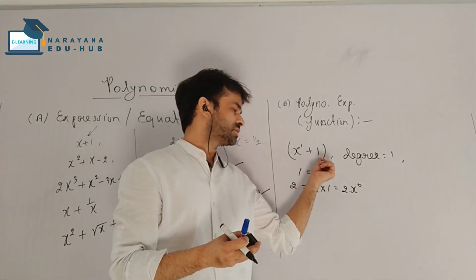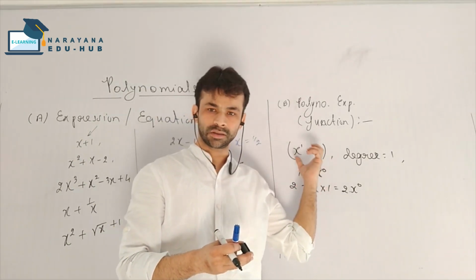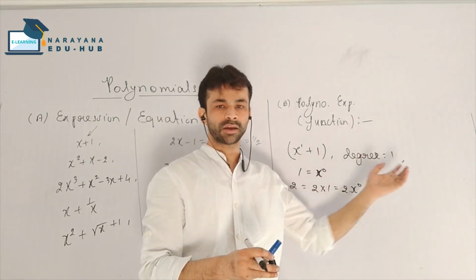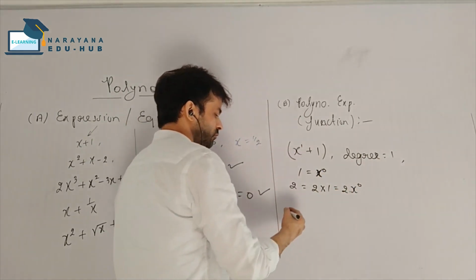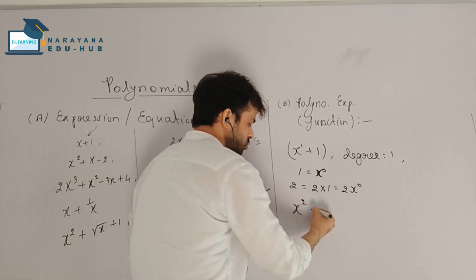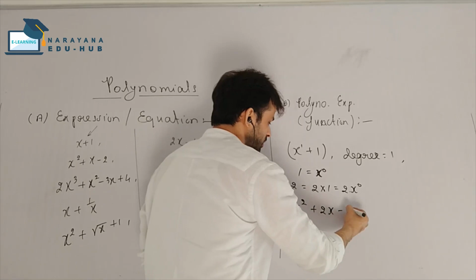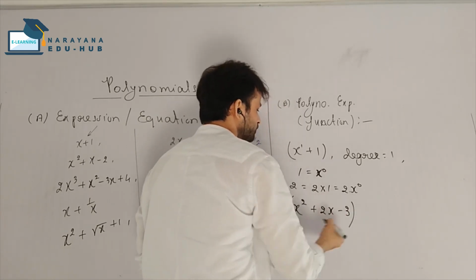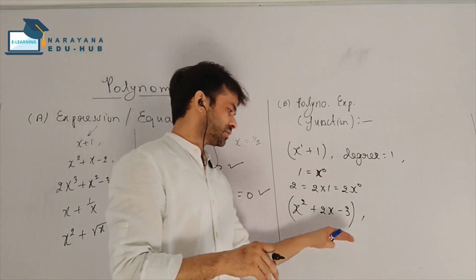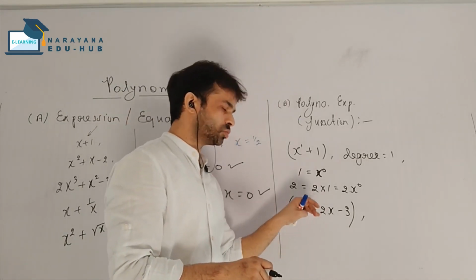So the constant term is the x to the power 0 term, then you have other terms, and degree is the highest power of x. For example, we have the polynomial x squared plus 2x minus 3. This is a polynomial having degree 2.